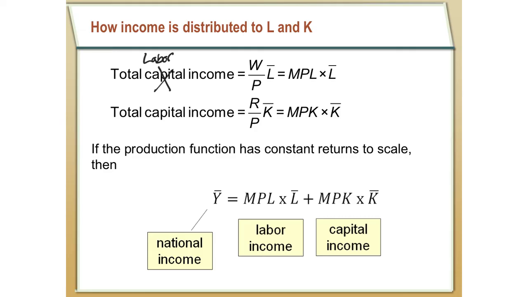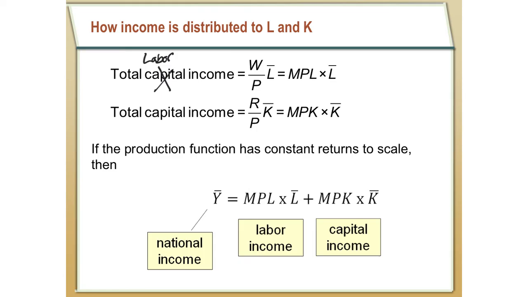So total production, which is the same as total income, is all divided between them. In other words, there's nothing left over for what we would call pure profit.